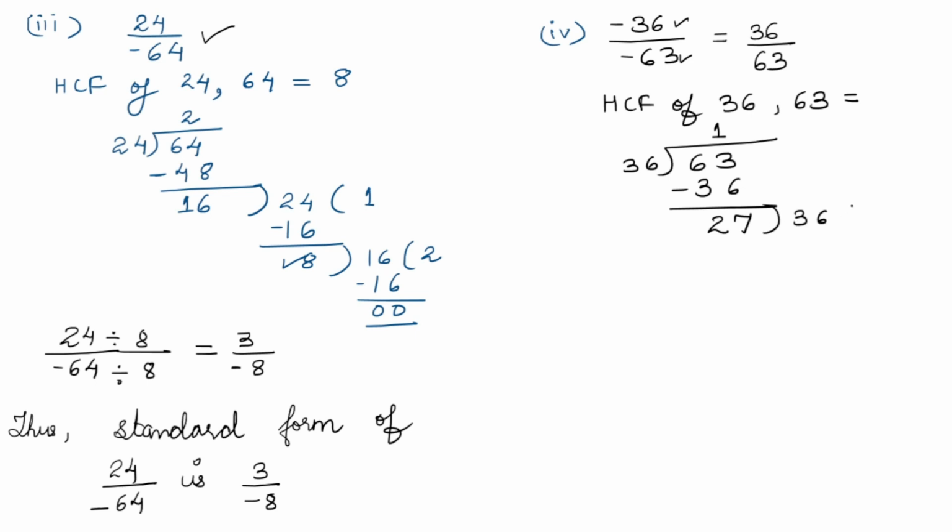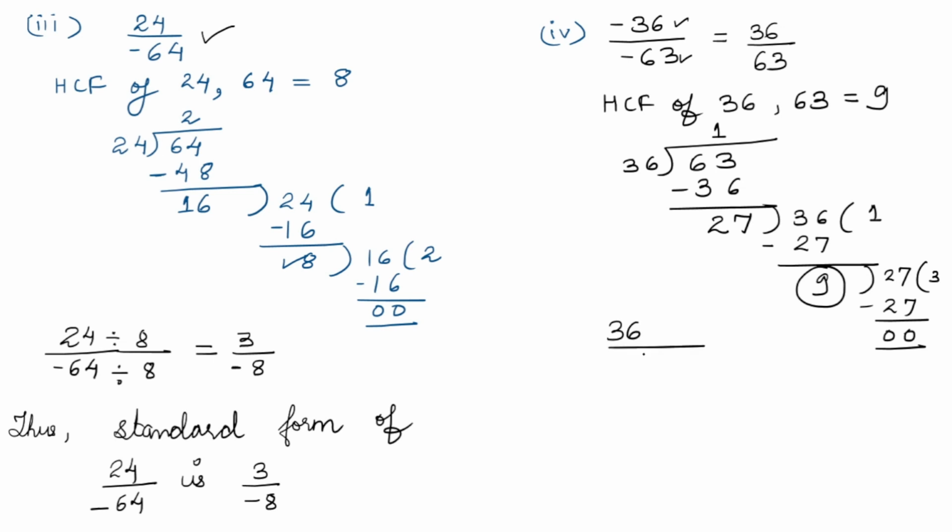Now it is 36, 1 time 27. On calculating, you get here 9 and here you have 27. So you get here 3 times 27 and the remainder is 0. So what is the HCF? The HCF is number 9. Now divide 36 by 63 with their HCF, that is 9.